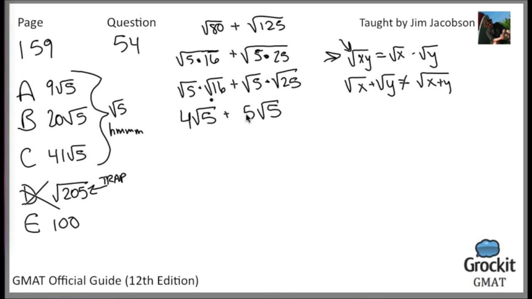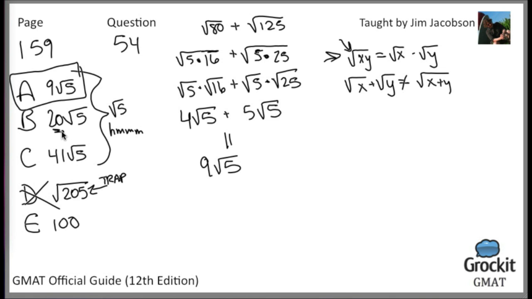And then I just switched the order around because normally we put the non-radical coefficient before the radical. So 4 times the square root of 5 plus 5 times the square root of 5 equals 9 times the square root of 5. Answer choice A is our correct answer.